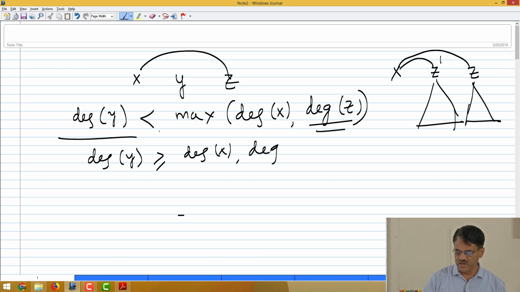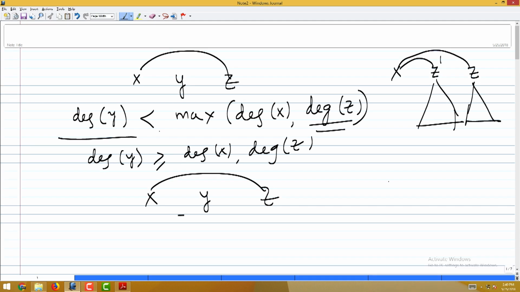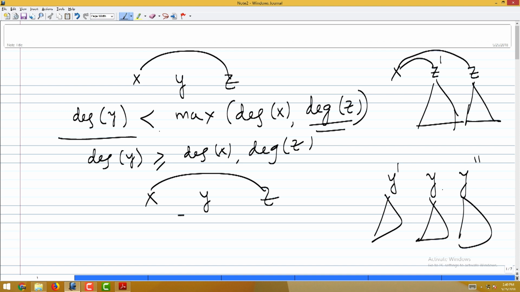So I have this situation. I'm going to replace both x and z by, let's say, y prime and y double prime, which means that whatever y's neighborhoods are, these two guys y prime and y double prime will also have. Clearly, it does not have a K_{m+1} now, because if it did, it must be using one of these two new vertices, but then I could have had the same thing using y.